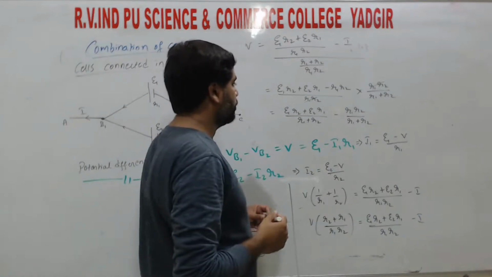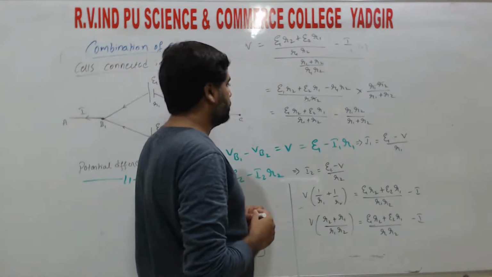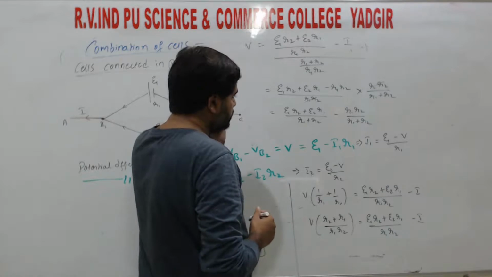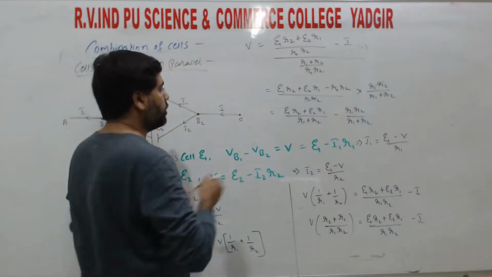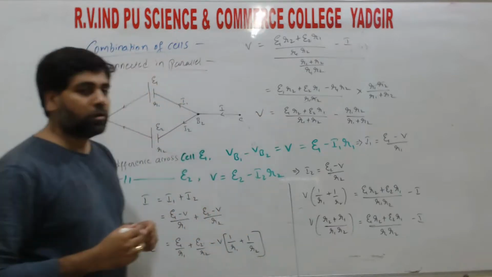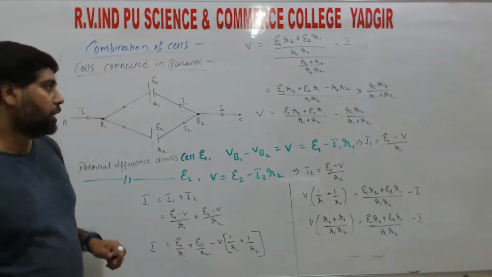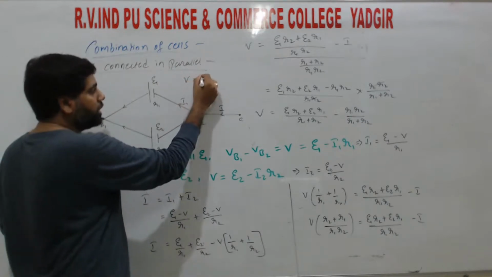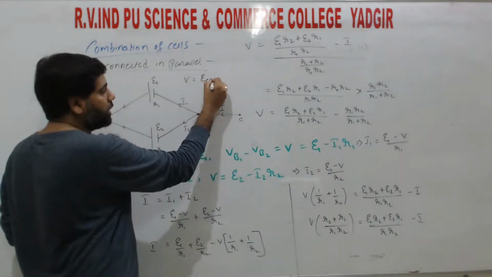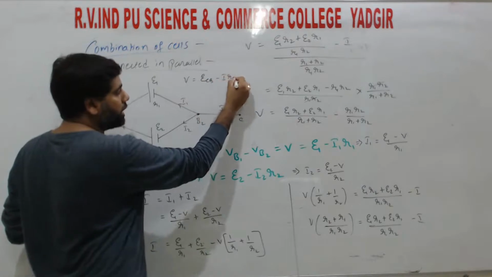So from the equivalent resistance, the equivalent EMF, V is equal to E equivalent minus I R equivalent.